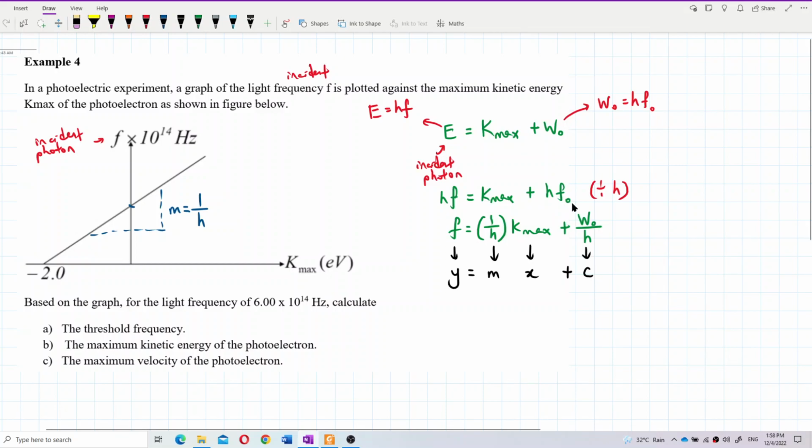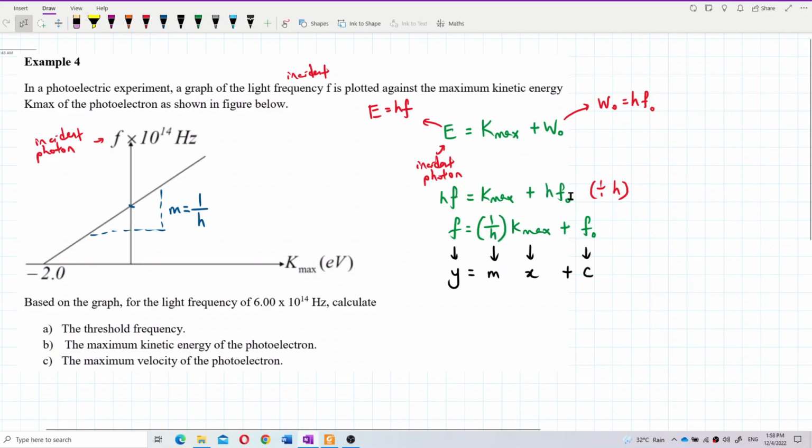Then hf naught divided by h, I should get f naught. Can you see that? hf divided by h, I get f. Kmax divided by h, I get 1 over h for the gradient.